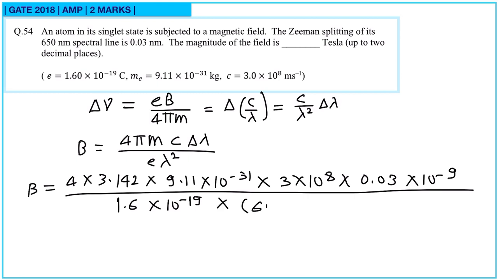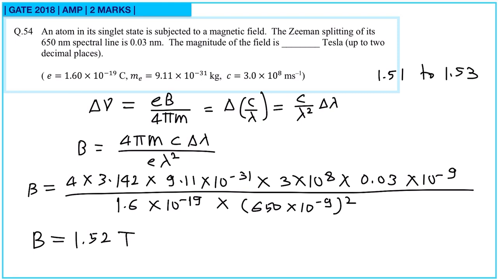Lambda is given 650 into 10 to the power minus 9, the whole square. And this gives you B is equal to 1.52 Tesla. And the answer given in the answer key is 1.51 to 1.53.